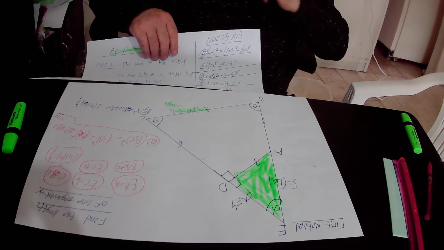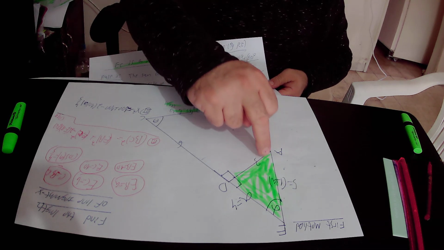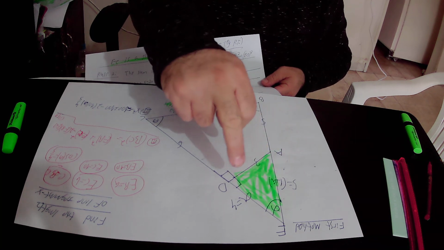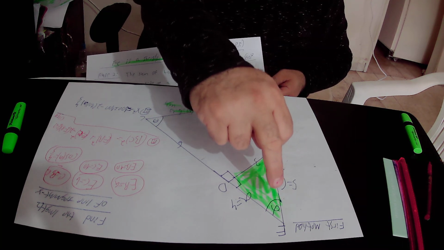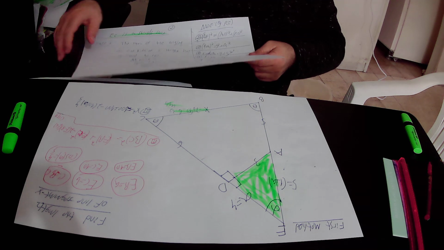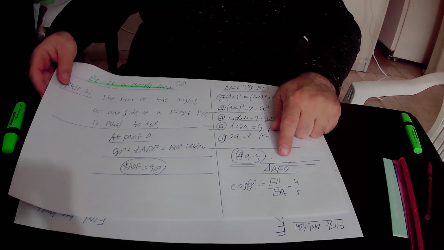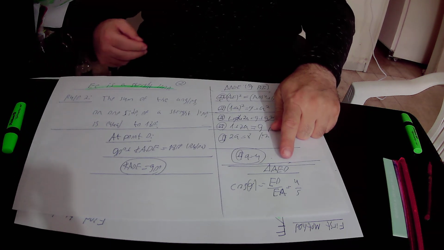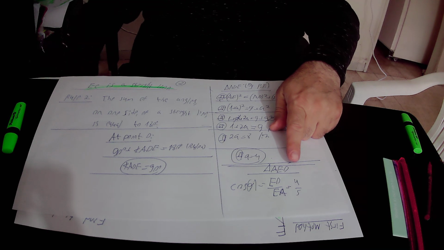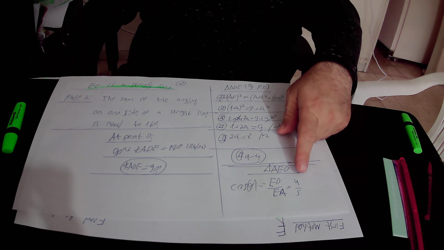So here we defined angle AED as alpha. Here cosine alpha equals ED over EA. In the right triangle ADE, the right green small triangle ADE, cosine alpha equals ED over EA. ED equals A, EA equals 5.